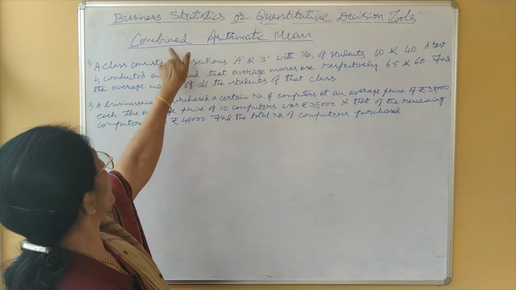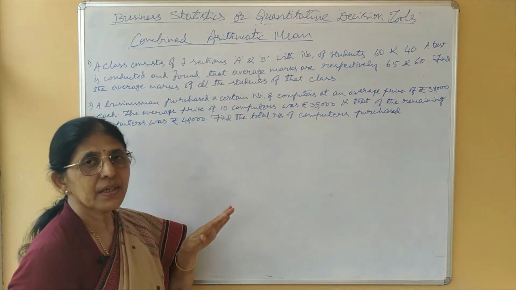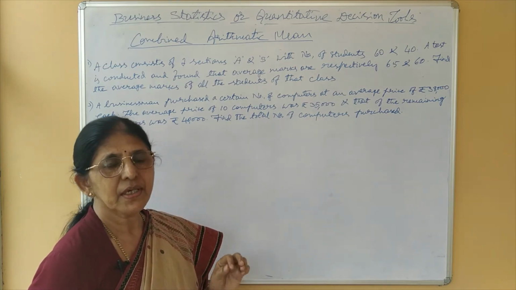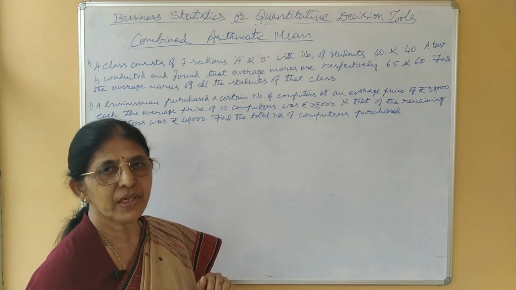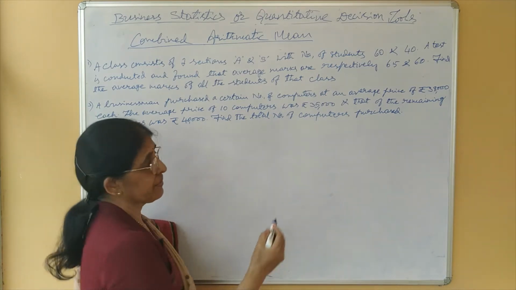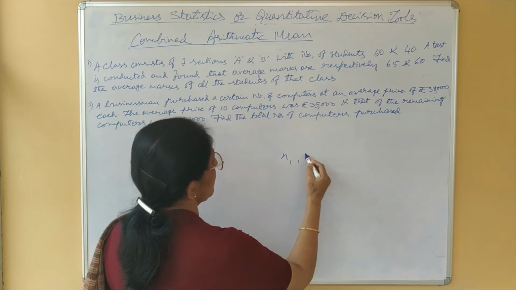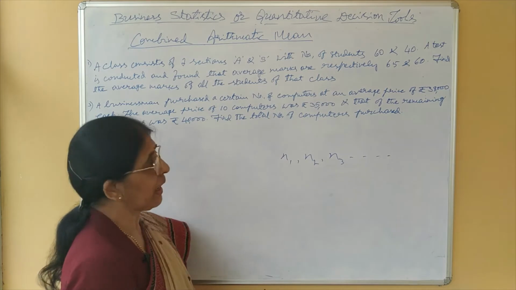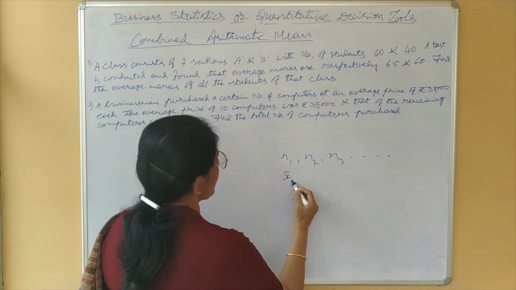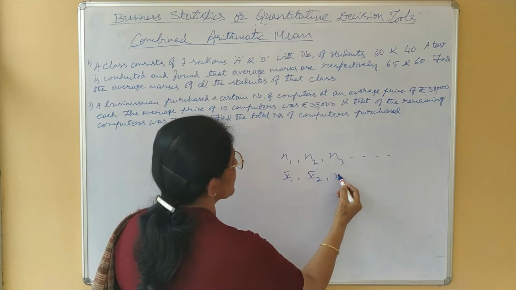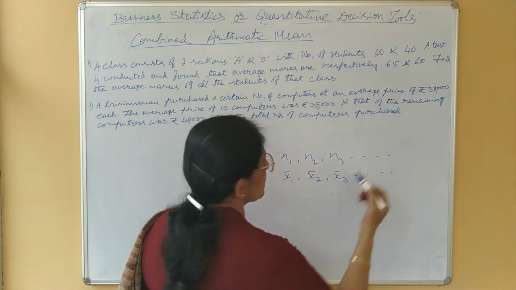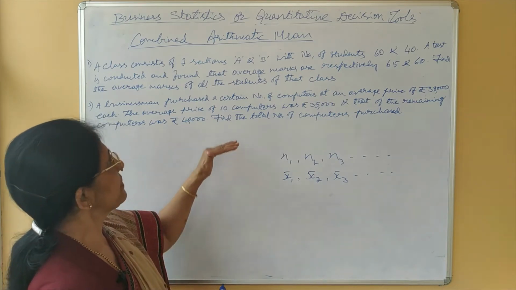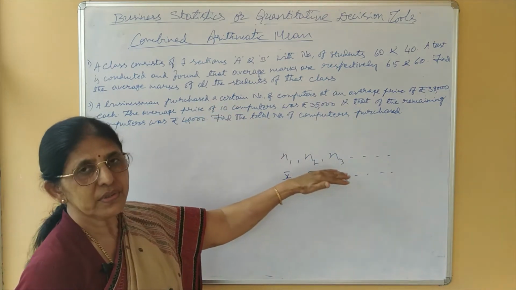Let us know about combined arithmetic mean. Combined arithmetic mean is nothing but a simple weighted arithmetic mean. If two or more series of values have numbers of observations n1, n2, n3, and so on, and averages x bar 1, x bar 2, x bar 3, and so on, then we have to calculate the combined arithmetic mean of the two or more series together.